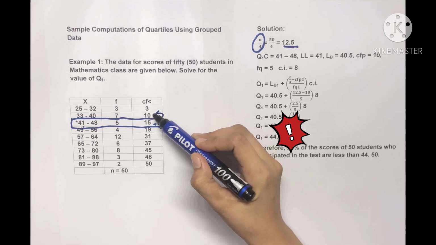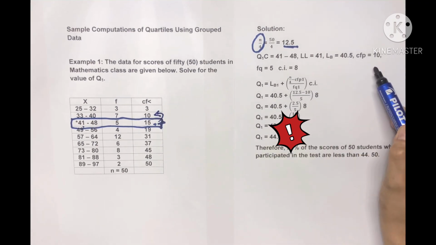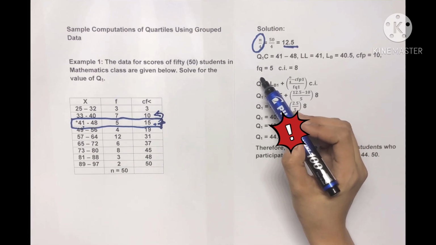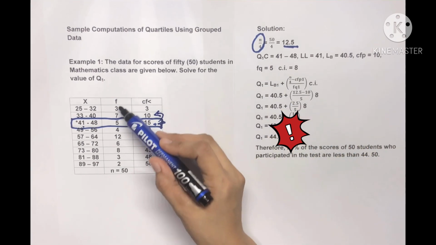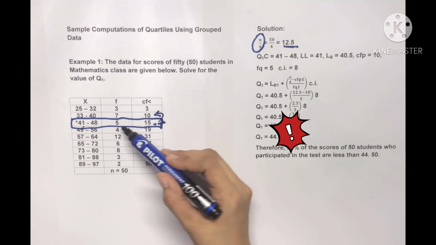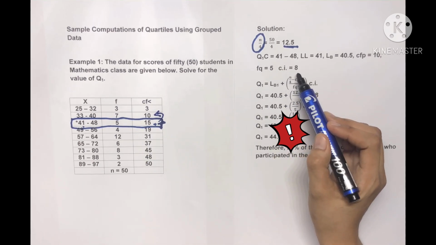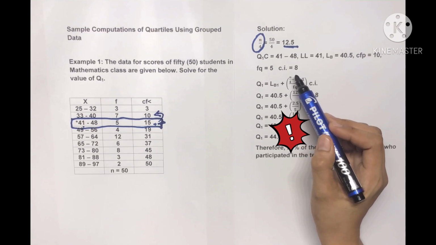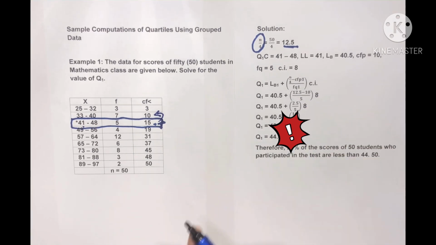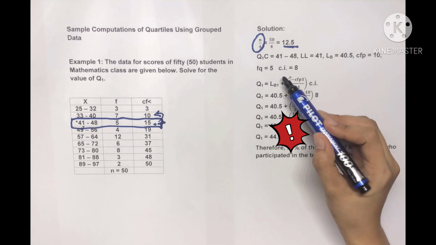Your frequency in this case is 5. And your CI, or size of the class interval, is 8. So we have 41, 42, 43, 44, 45, 46, 47, 48. So your CI is 8.